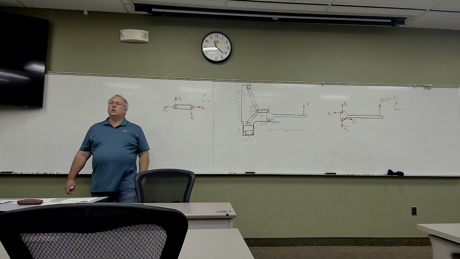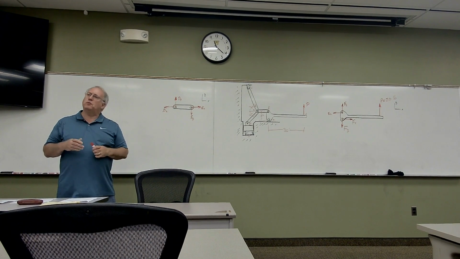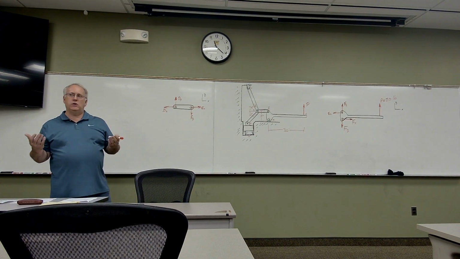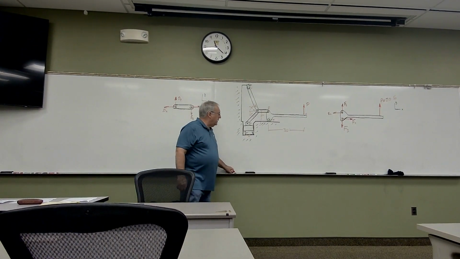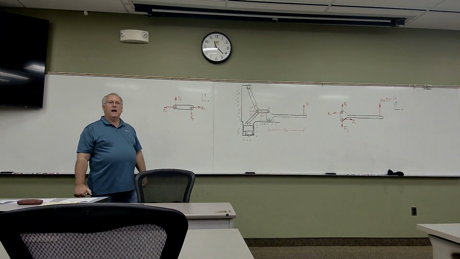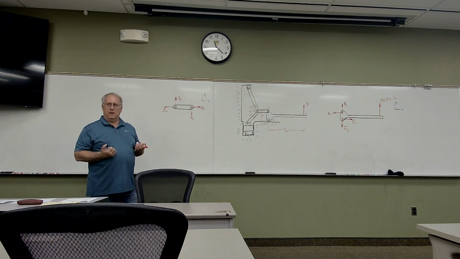But I said I was going to show you something, and I'm not going to prove this until chapter 2 at the very earliest. But this particular element right here is a special kind of mechanical structural element that we call a two-force member. And again, I'm not going to prove why this is the case.